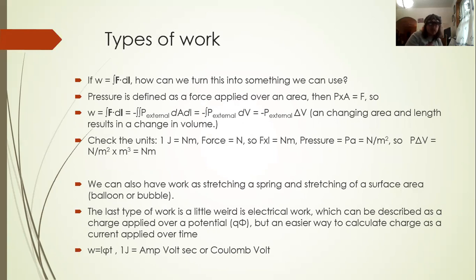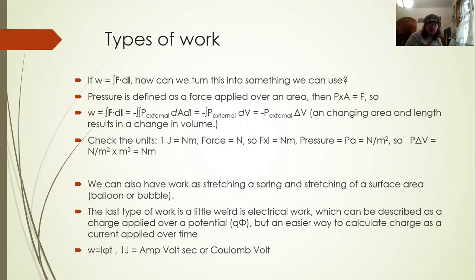Now, there's many different types of work. We will mostly just use one type, but we can look at multiple different types, because work is defined as the integral of a force applied over a changing distance. So a force applies over length. We can most often look at this as a gas pressure.